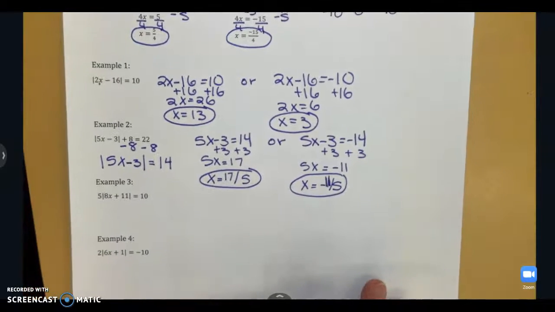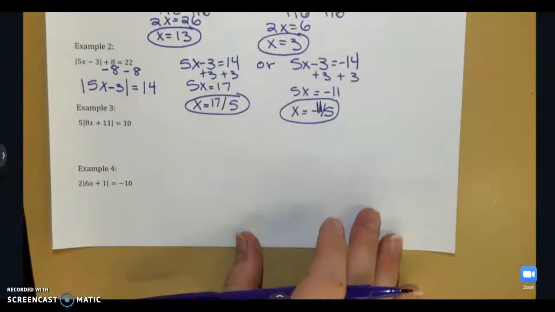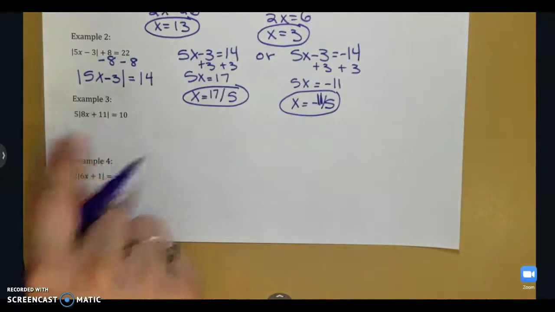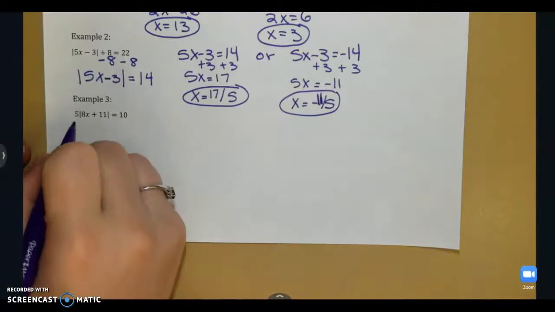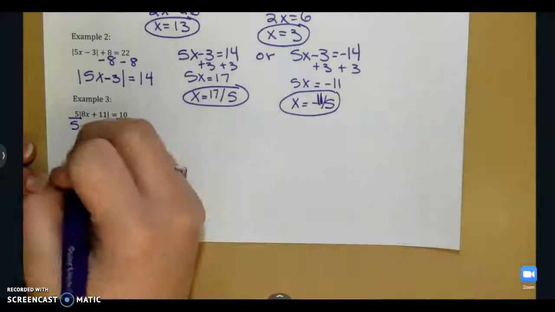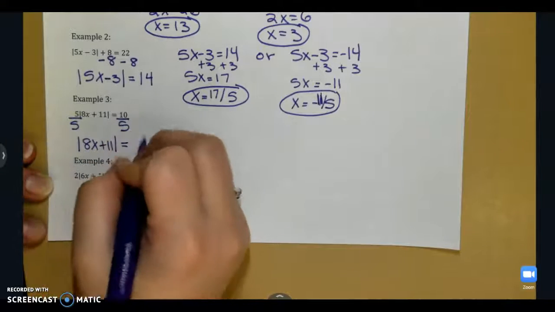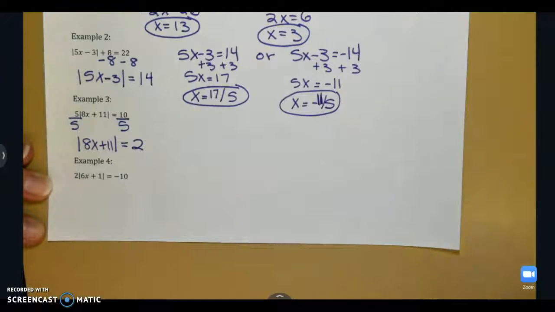Okay. Example 3. Again, before I can set what's inside my absolute value equal to my positive and negative, I need to get it by itself. So we have to divide by this 5 on both sides. So the absolute value of 8x plus 11 is equal to 2.